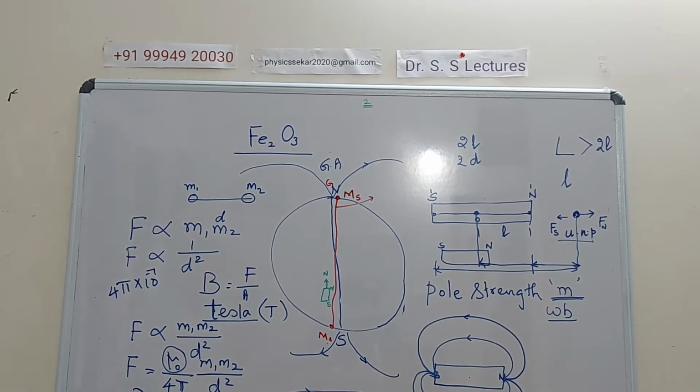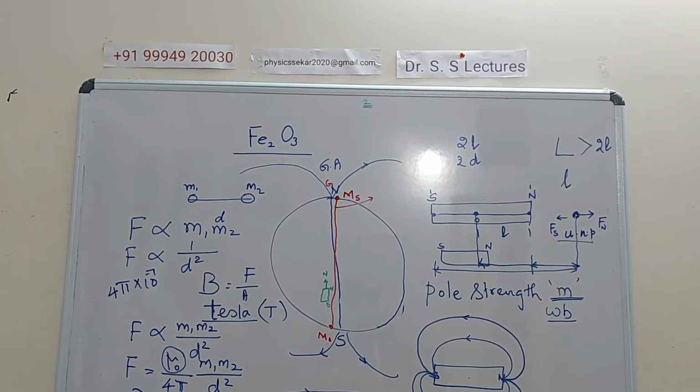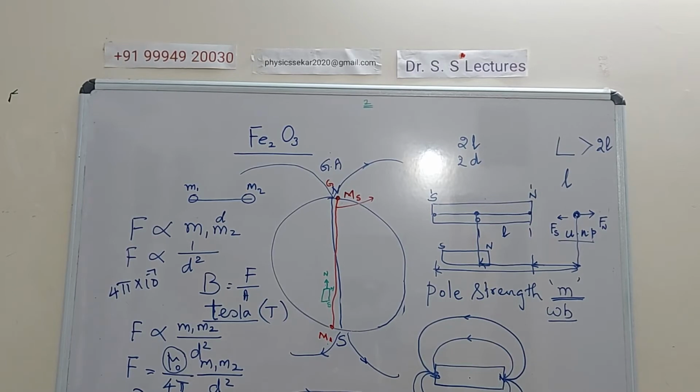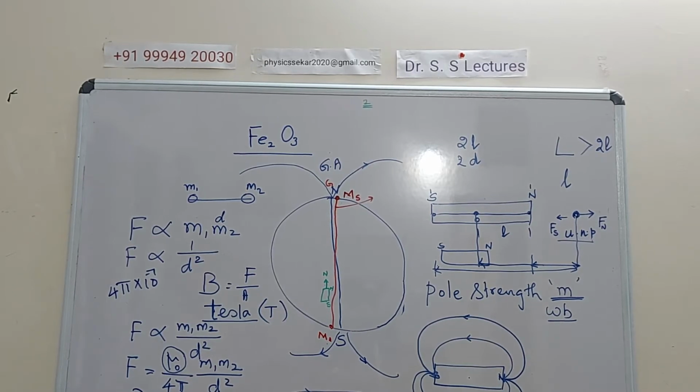For these basic natural magnets, we consider the test magnet as the unit north pole. Of course, it is hypothetical, I told you. We define the pole strength with the symbol small m and the unit Weber. The magnetic field, the force per unit area, is represented in Tesla, with capital T being the unit.